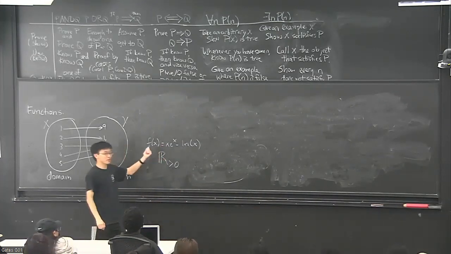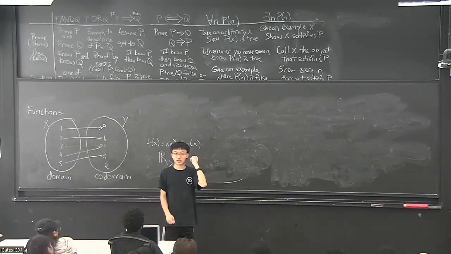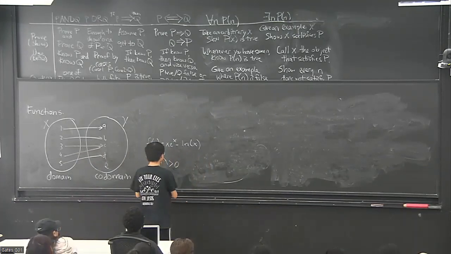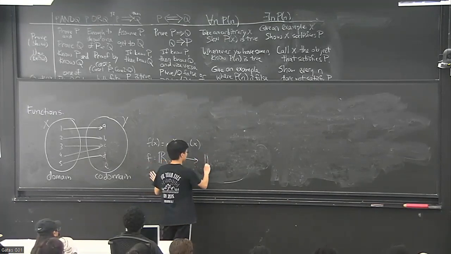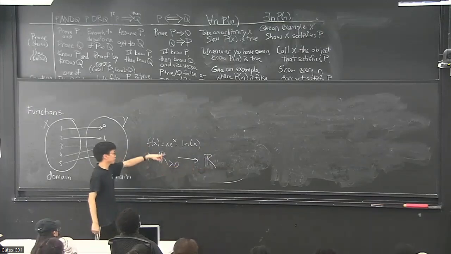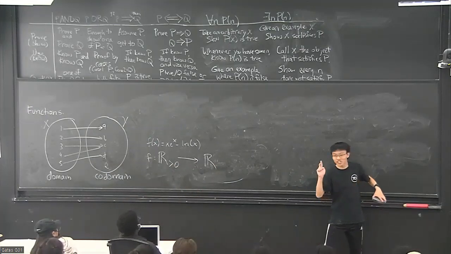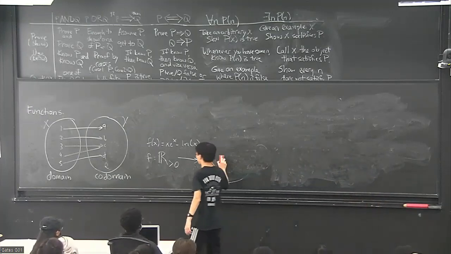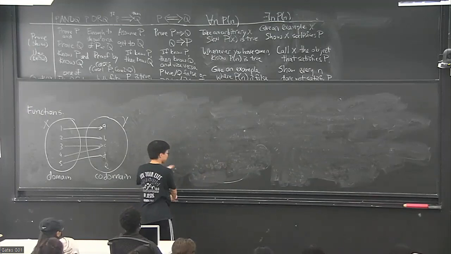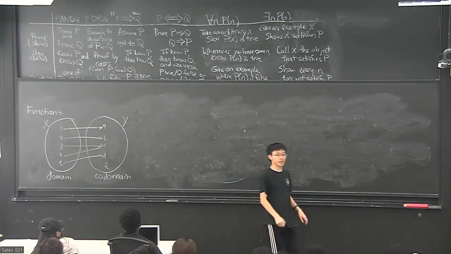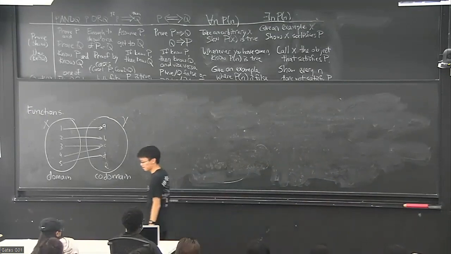But to say exactly what outputs can come out of this is probably very hard to specify. So that's why we say this is a function from the reals greater than 0 to the real numbers. This function has to output a real number, but we're not saying the exact values it comes out with, because a lot of times it's too hard to specify exactly what those outputs have to be.